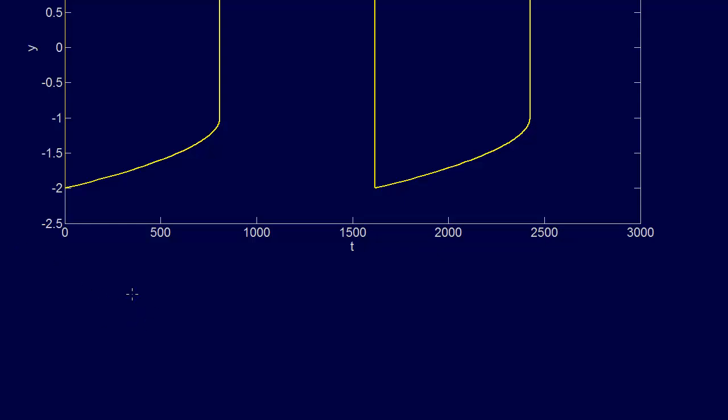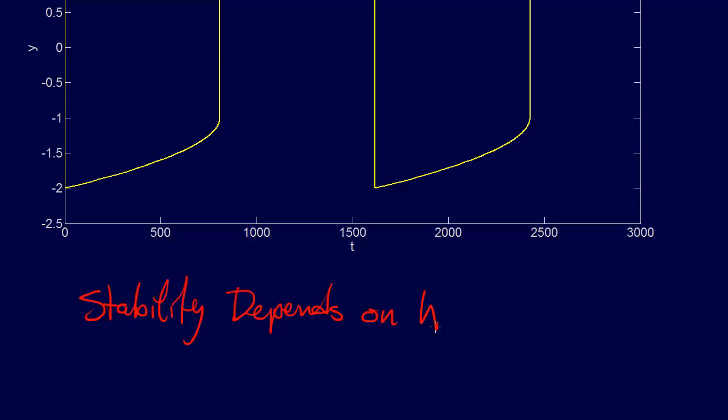What they show is that, at least for a specific problem, the exponential growth problem, which is basically the problem that I solved in a previous video, the stability of the explicit methods, or at least of the Runge-Kutta methods, depends on h.